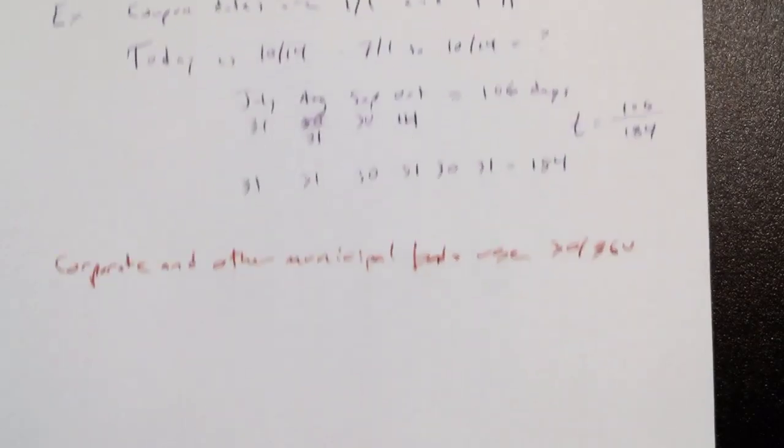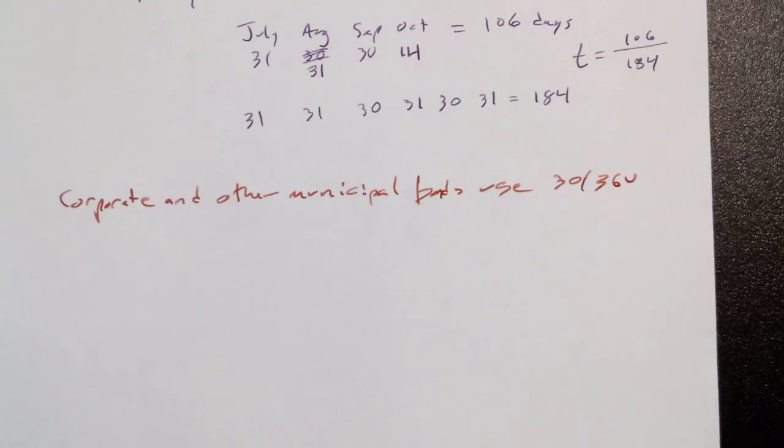Now, the 30/360 rule makes your life easier. Every month is 30 days, even the ones that aren't. A year is 360 days, period. The only time you need to count days is in the month you are currently in.